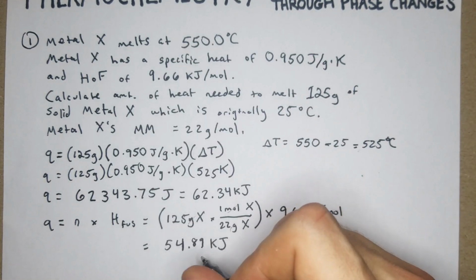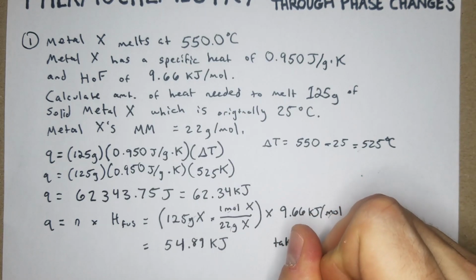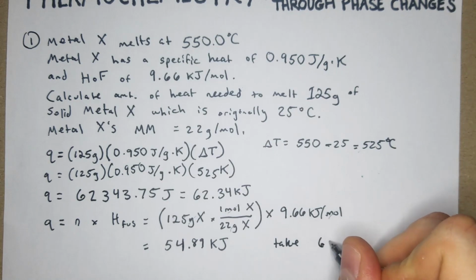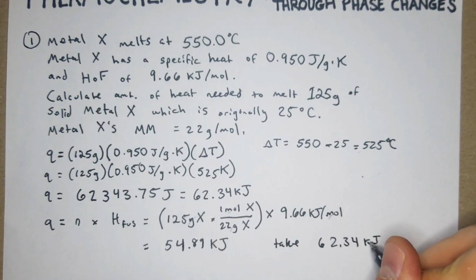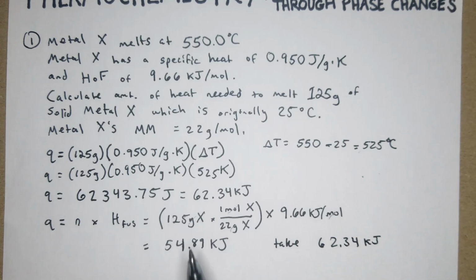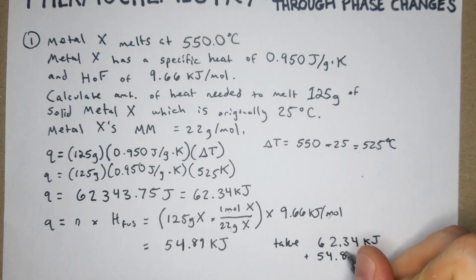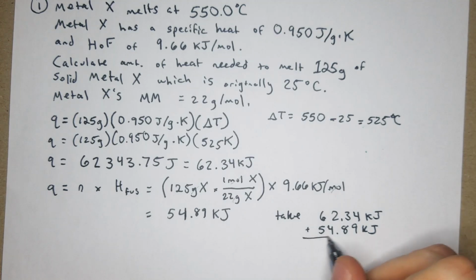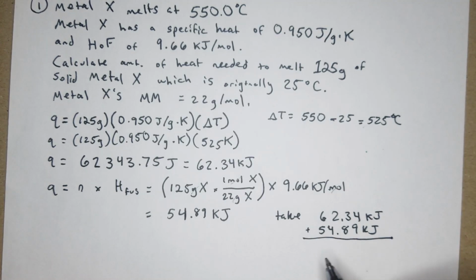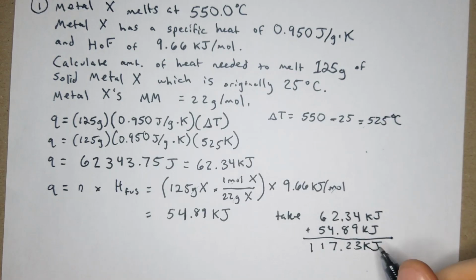So we have 54.89, take 62.34 right here kilojoules, and luckily they're in the same units, but if they're not, this is a good time to convert. And then we're just going to add the 54.89 kilojoules, and from there we'll get 117.23 kilojoules.